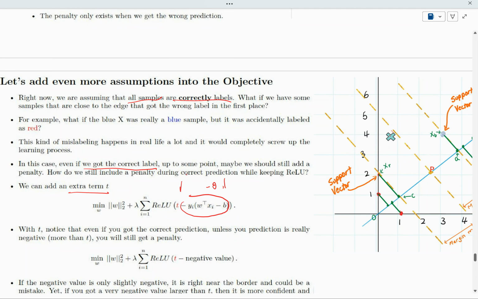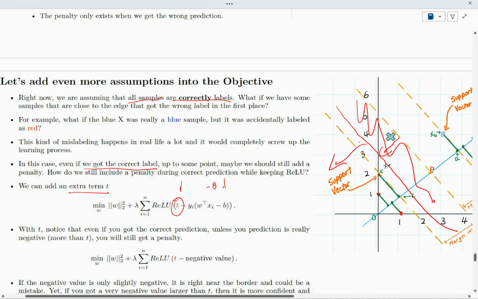Then 0.1 will still cause a penalty because 1 minus 0.1 is a positive value. So basically adding the t value gives you an extra bit of margin. If it's only a little bit correct, you're still going to look at them. If it's really correct, that's when you ignore. That's the impact of adding this t.